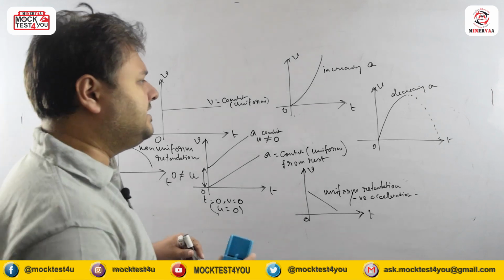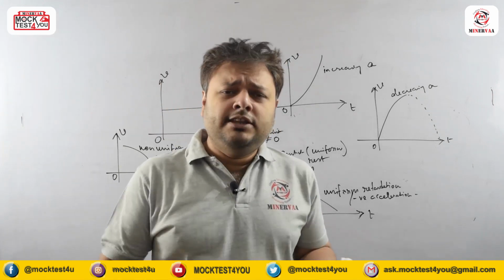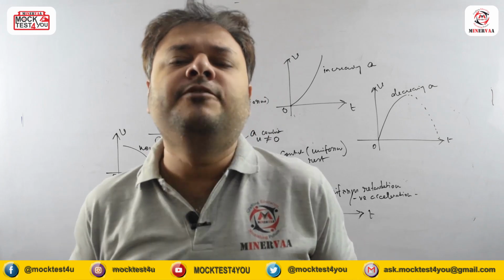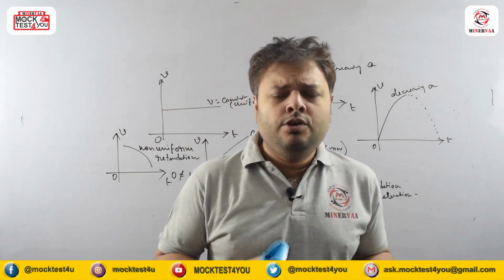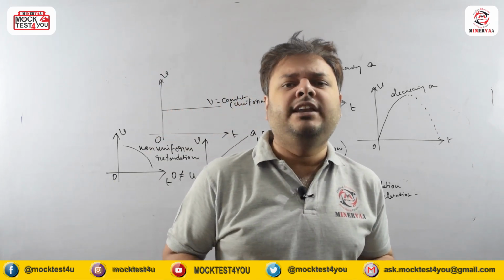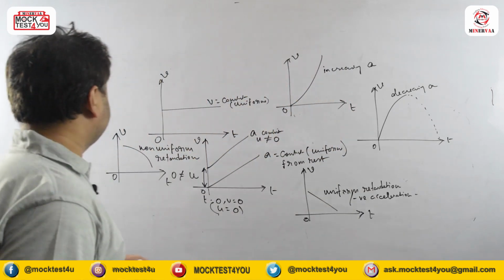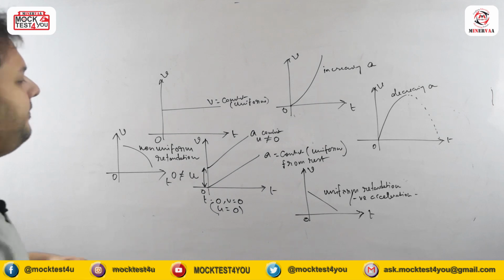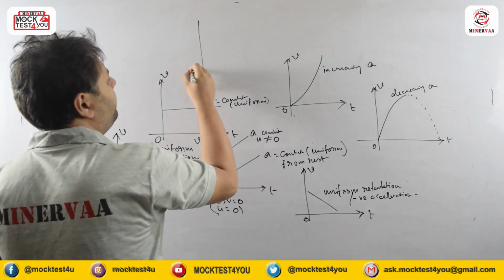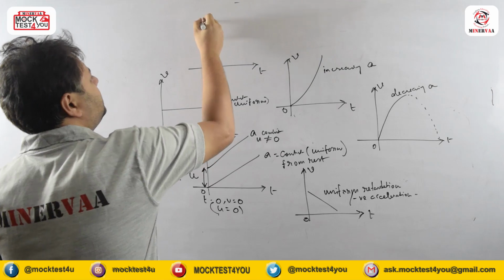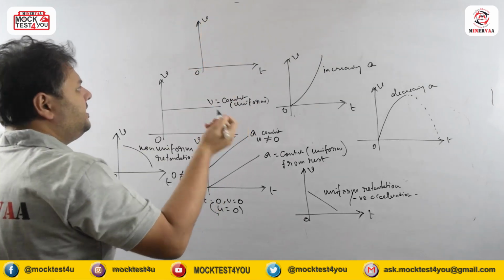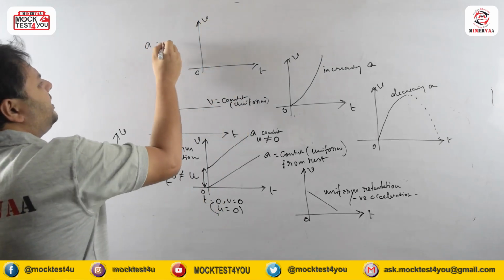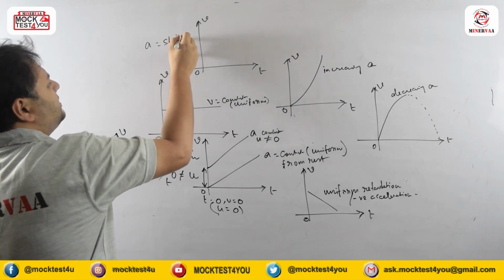In a velocity time graph, if they ask what will be the nature of infinite acceleration, how can we express it? That is a very important question for all of us. We know that acceleration in a velocity time graph is the slope.